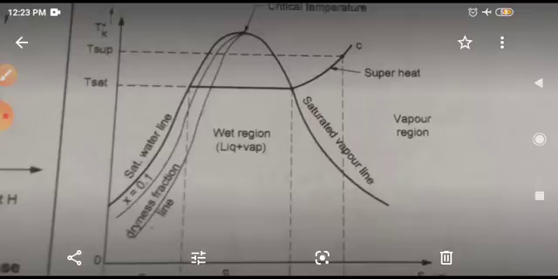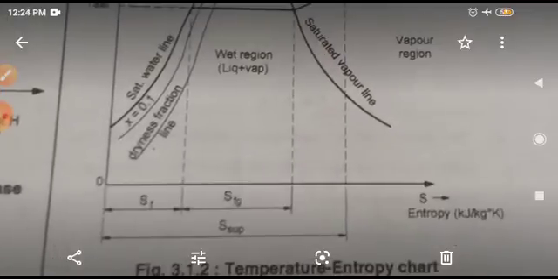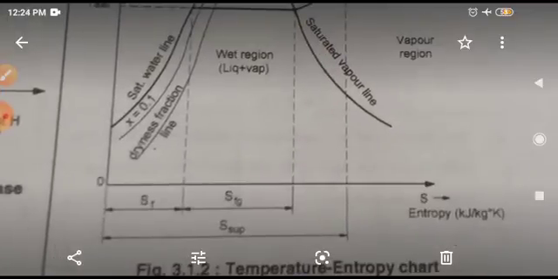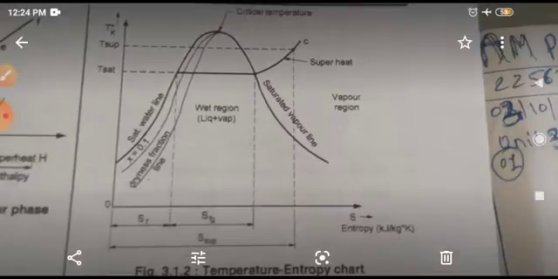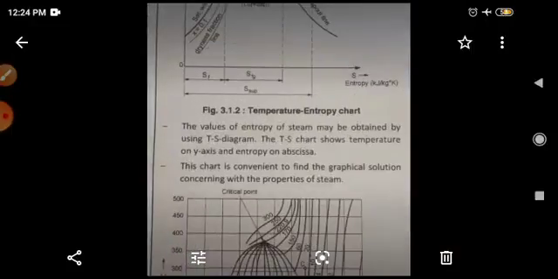Write all the regions properly. What is SF, what is SFG, what is SUP, the entropy of superheat. Okay, let's move further.